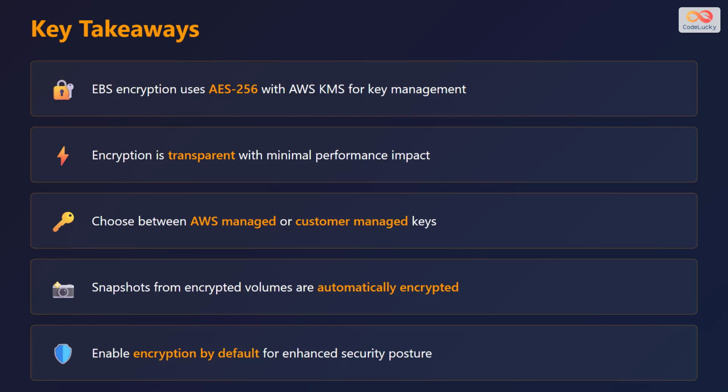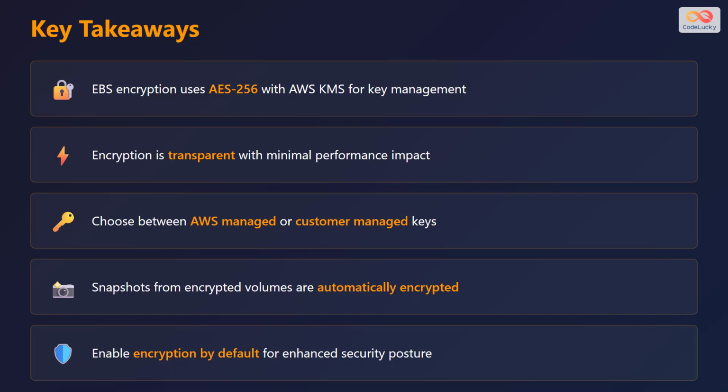Let's recap the key points about EBS encryption. First, EBS encryption uses the AES-256 algorithm with AWS KMS handling all key management operations. Second, the encryption process is completely transparent to your applications and has minimal performance impact on your workloads. Third, you can choose between AWS managed keys for simplicity or customer managed keys for greater control over your encryption.